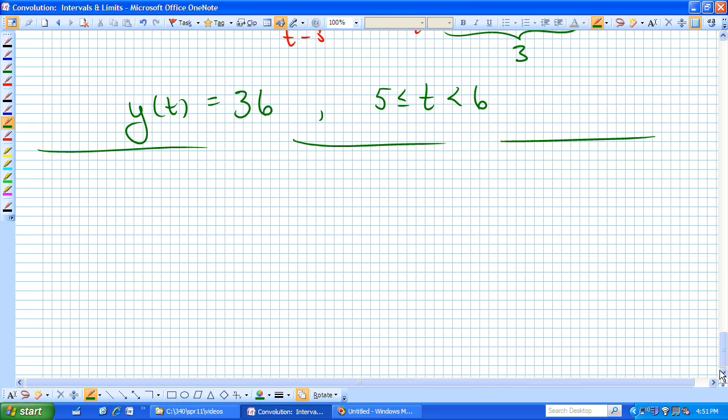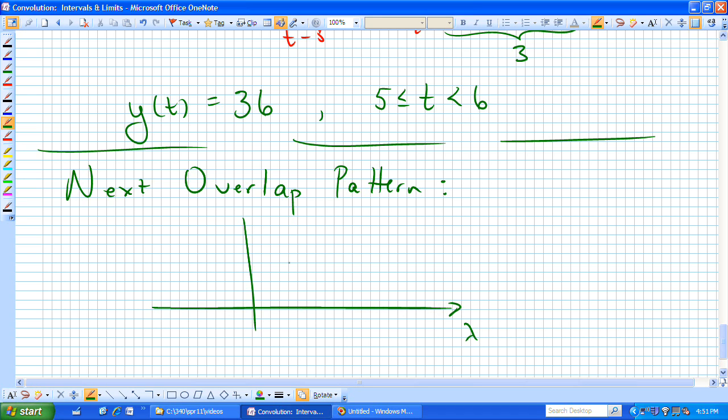The next overlap pattern is determined as we slide x of t minus lambda more to the right. H of lambda stays the same. Now, though, t minus 2 has crossed beyond 4.